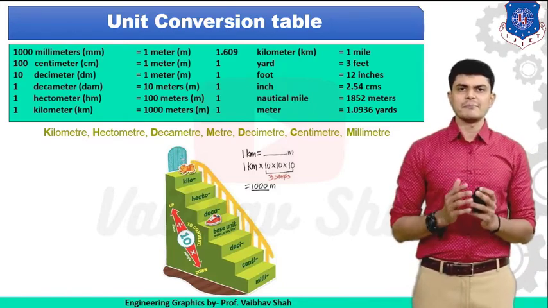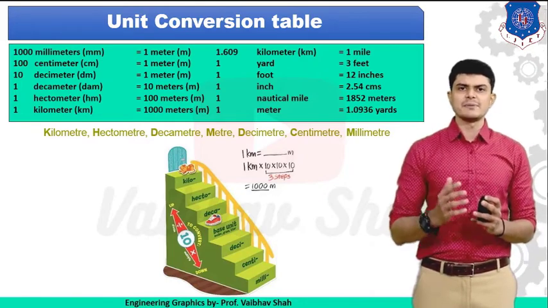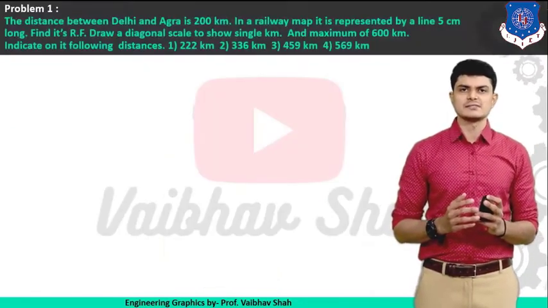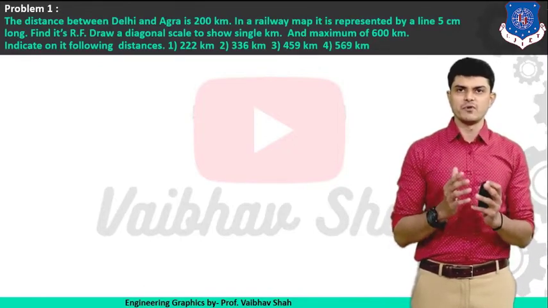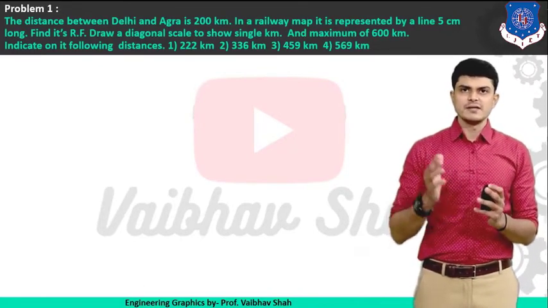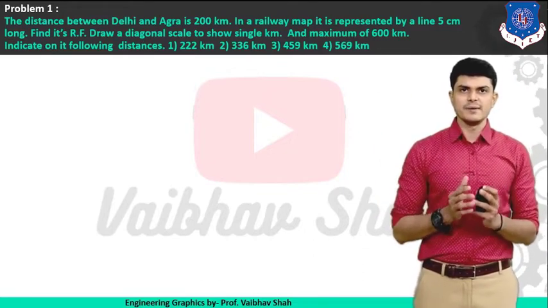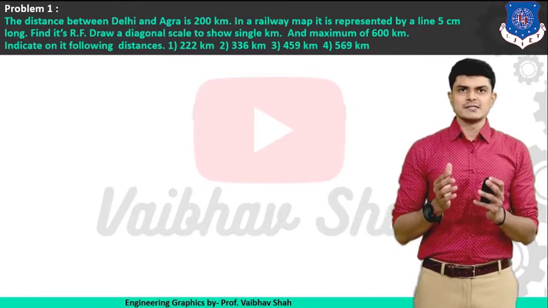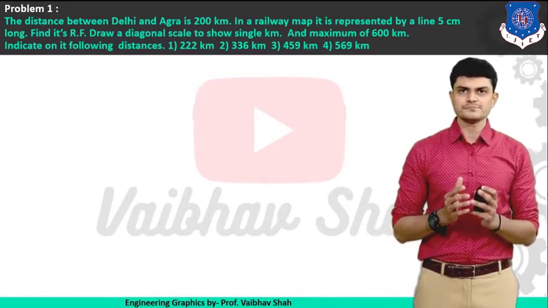So now, keeping this table in mind, let's move ahead and see example number 1 based on your diagonal scale. Let us read the example first. Problem number 1. The distance between Delhi and Agra is 200 km. In a railway map it is represented by a line 5 cm long.